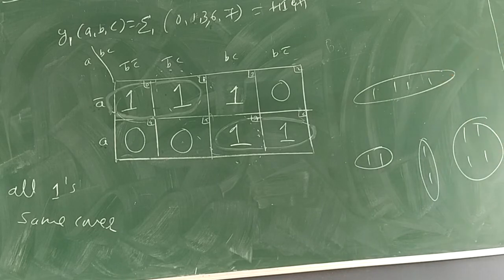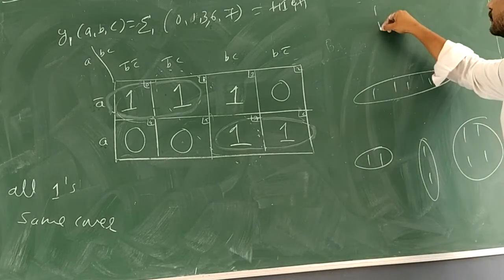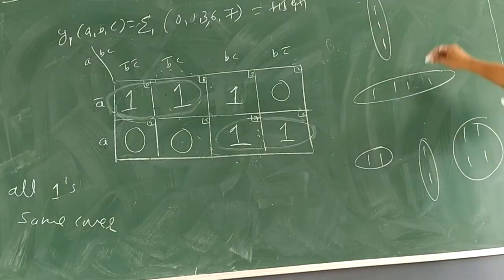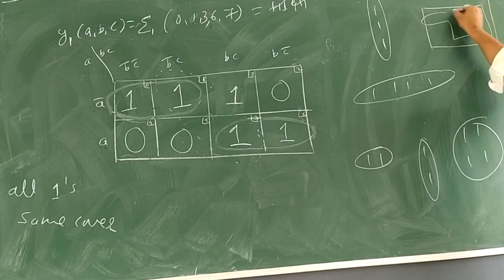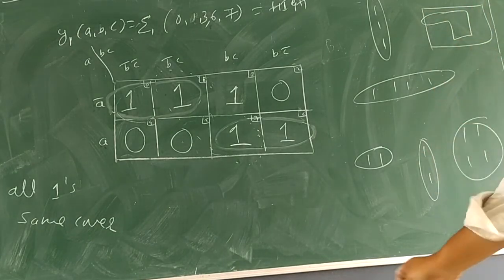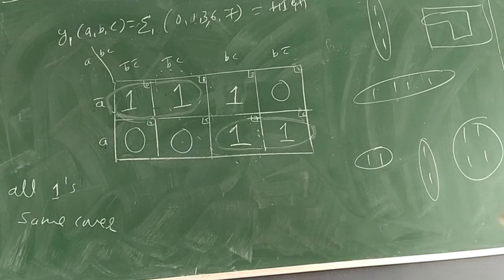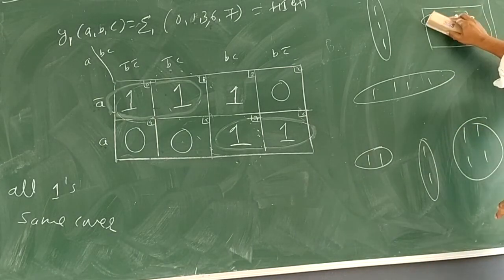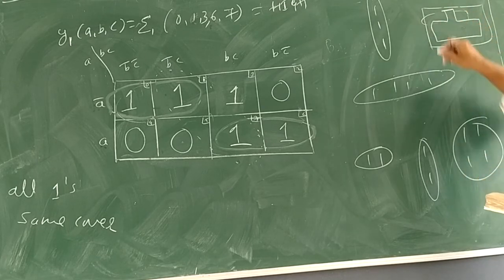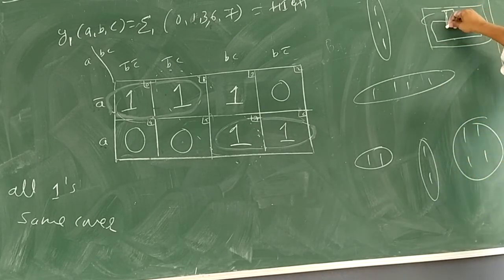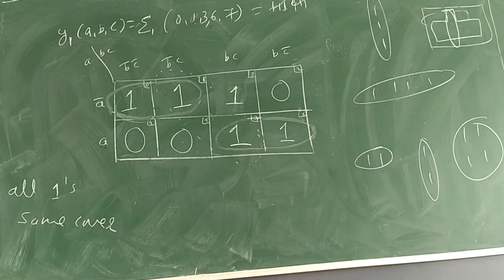This is allowed. This is allowed, but this shape are not allowed. Okay, these are not adjacent. Even this shape is also not allowed. But we can split into different 2 sections that we will discuss.